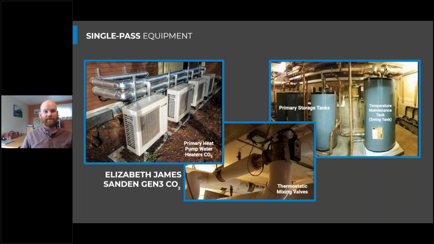And here we also have an electronic thermostatic mixing valve. Primarily that's because we want that quicker response time and that more accurate control. Because the hot side of this mixing valve, the water coming out of this hot water pipe, when the temperature maintenance tank is fully charged, it's going to be at 140 degrees Fahrenheit because we're transferring 150 degree water into it and we're still mixing some water.